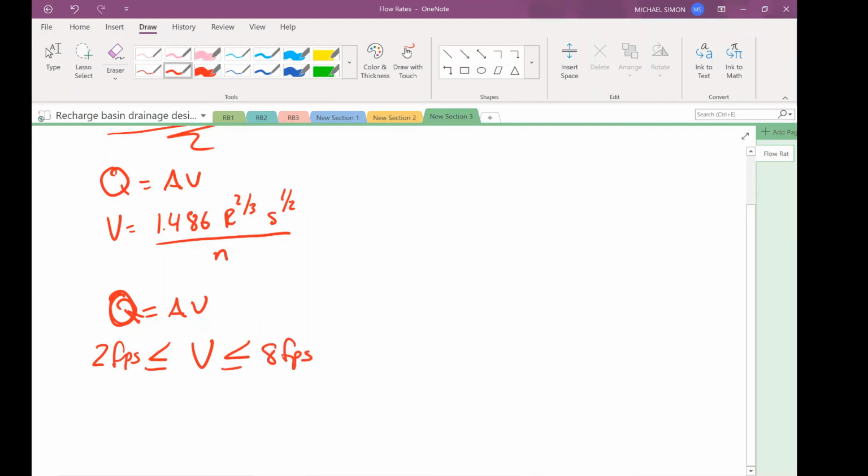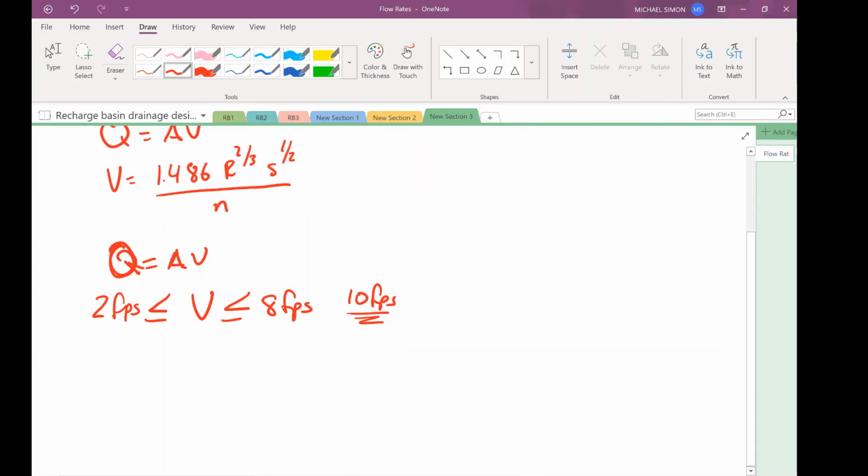Some municipalities have been going as high as 10 feet per second. You'll see some out there that do that. If you're allowed to do it, go for it. I would just say try to keep around 8 feet per second. We're going to keep that as our number during these calculations. So that's for the water in the pipe. Depending on the cross-sectional area of the pipe, that will give us a certain flow rate of water. Those are some things to keep in mind.